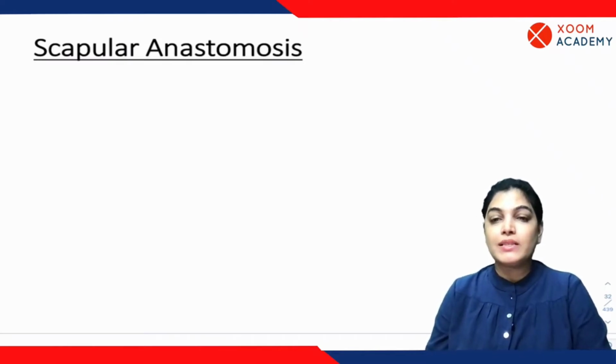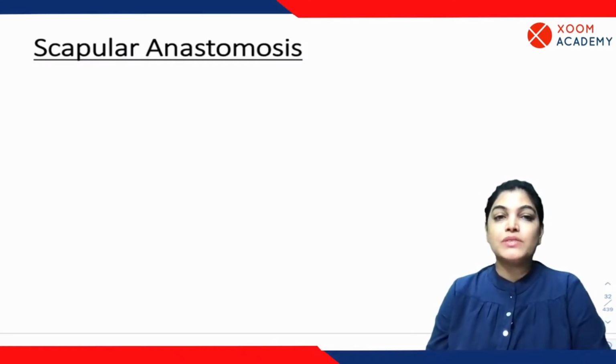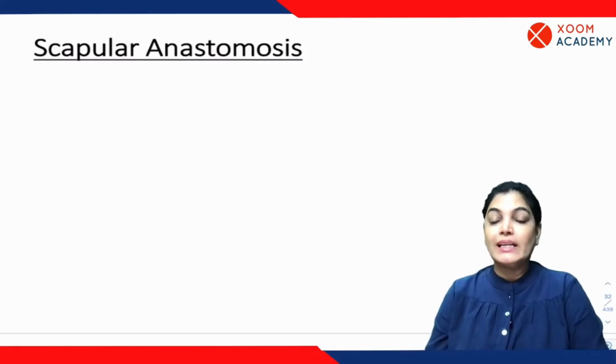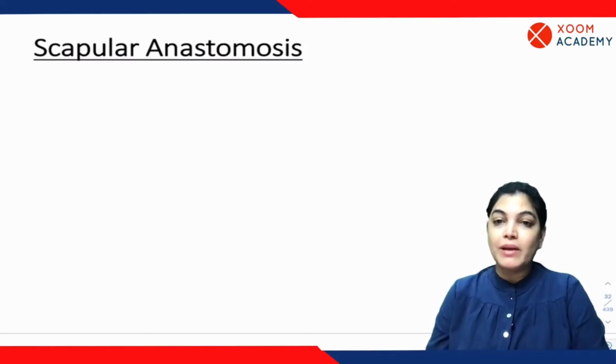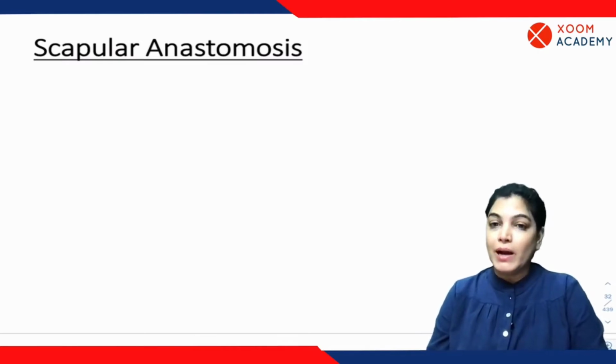The other important point is which artery branches contribute to the formation of scapular anastomosis. Actually, in cases of blockage of the axillary artery, there can be an important anastomosis formed, which will be the route of collateral blood circulation. It happens between the branches of the third part of axillary artery and the branches of the first part of subclavian artery.